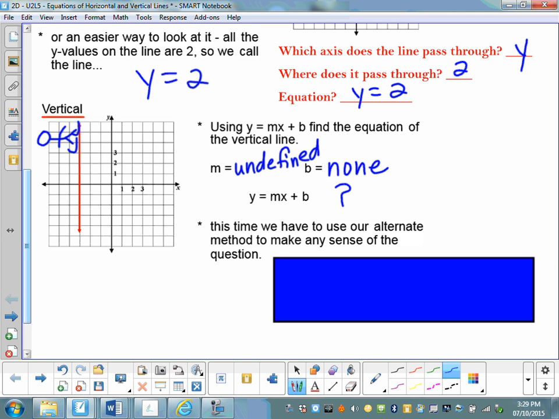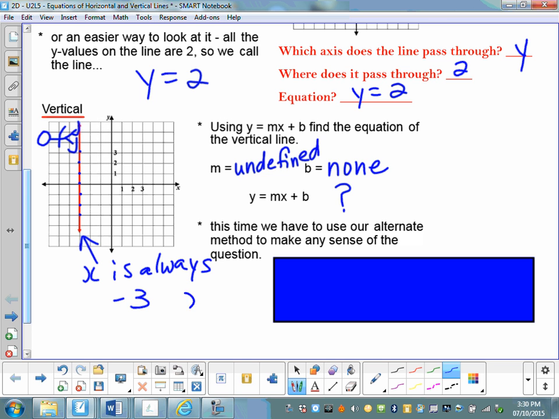So it's kind of hard to come up with the equation of that line using y equals mx plus b. Typically, we just forget about y equals mx plus b when we're working with vertical and horizontal lines. So if we compare what we did last time, every point on this line has the same x value. X is always -3 on that line.